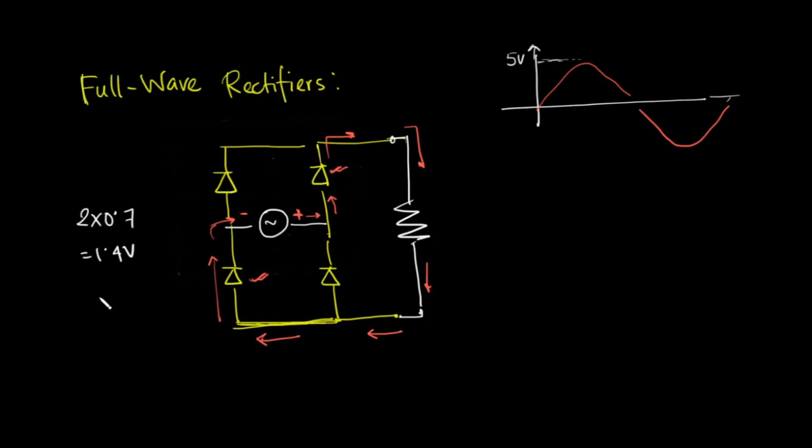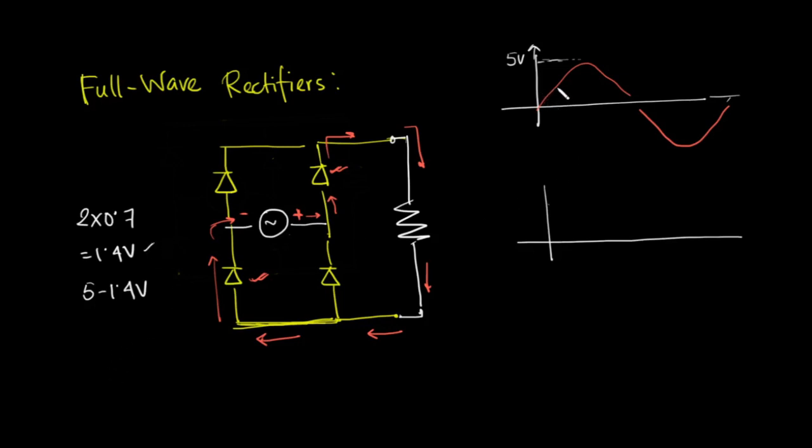So what will be the peak of the output voltage now? The peak of the output voltage will be reduced by 1.4 volt, and exactly same as the previous discussion on half wave rectifiers, a half wave rectifier turns on when the input crosses the 0.7 volt threshold. A full wave rectifier will turn on when the input voltage crosses the 1.4 volt threshold.